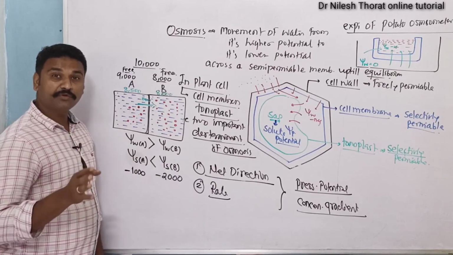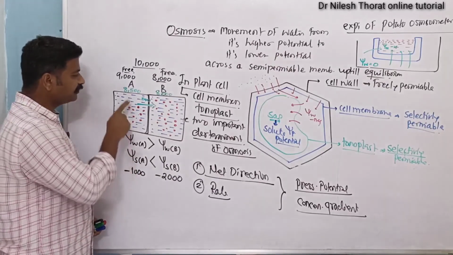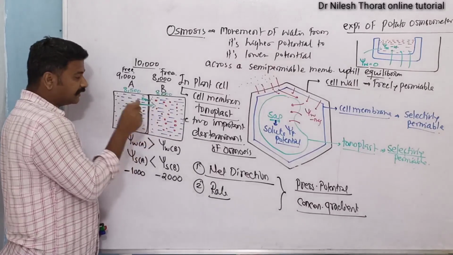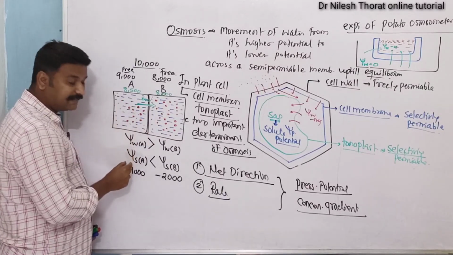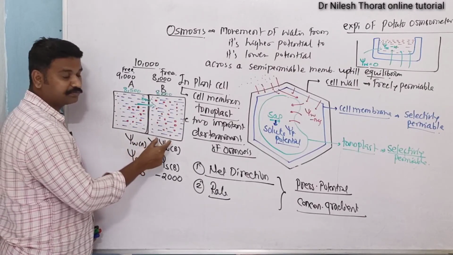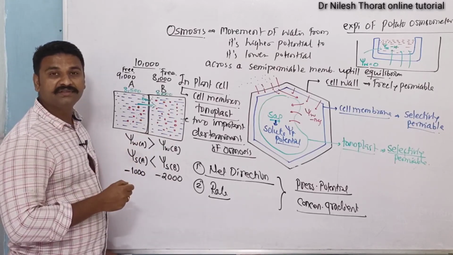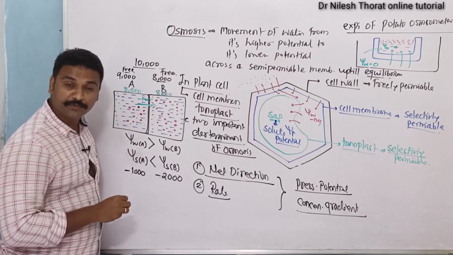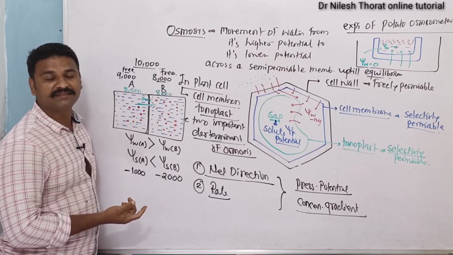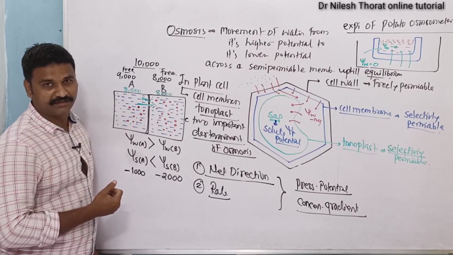Now in terms of solute potential, the water is moving from system A to system B. System A has lesser solute potential compared to system B. So water is moving from a solution which has lesser solute potential to a solution which has greater solute potential.